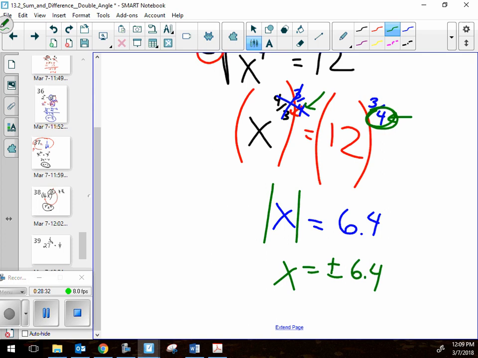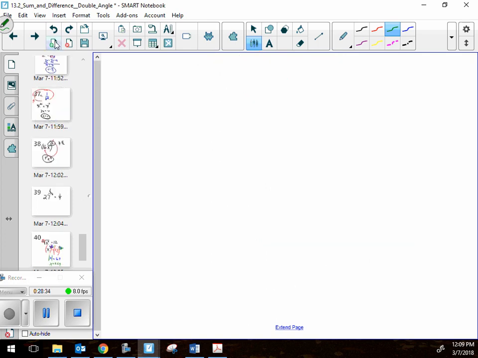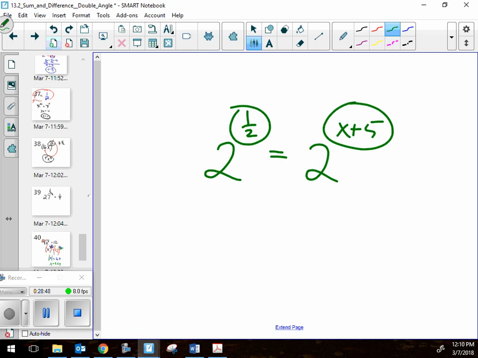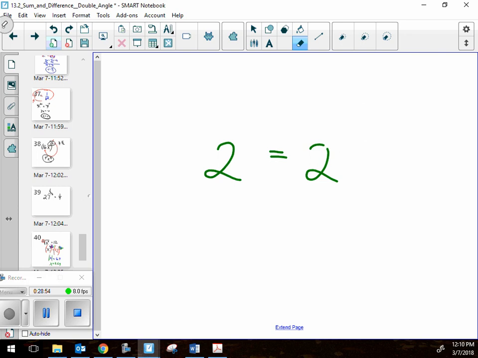Now, some people just think that means if there's a square root in the problem, like 2 to the 1/2 power, they think, oh, there's got to be 2 answers. Nope. If the problem starts this way, then I can just say that equals this and solve like a normal problem. It's when you're in the middle of solving a problem and you put something to a power, so again, this would have been like 4/5, and I go, how am I going to solve this?